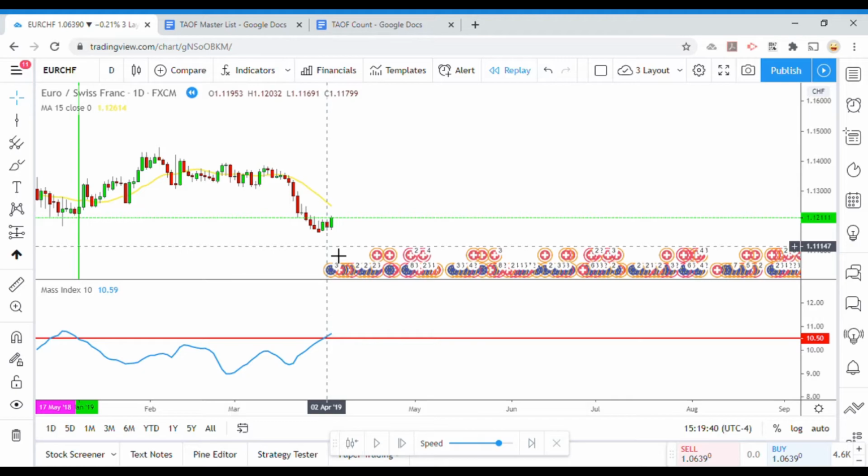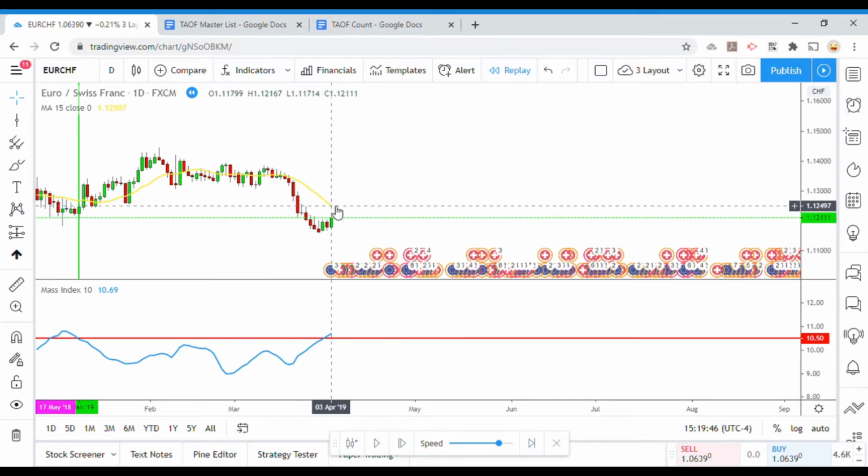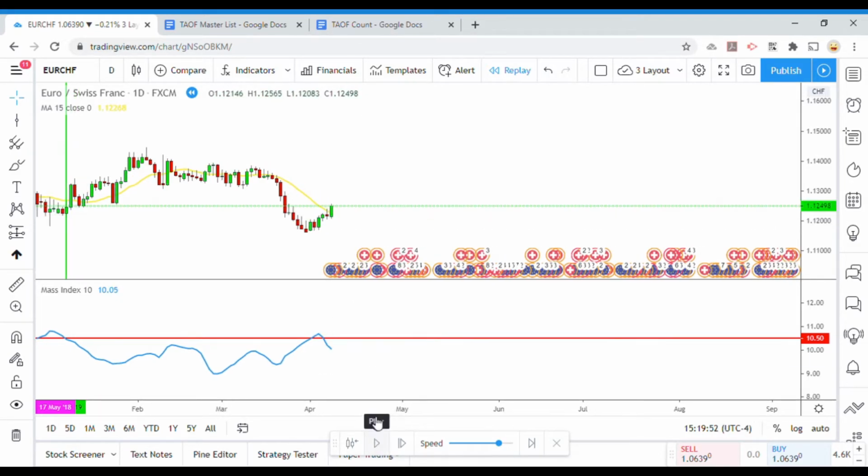But again, we're going to stay true to our word and we're going to put it to the test. We have our next signal here. We are trading below the moving average. So this would be looking for a long signal once the mass index crosses down below the red line, and it did there.